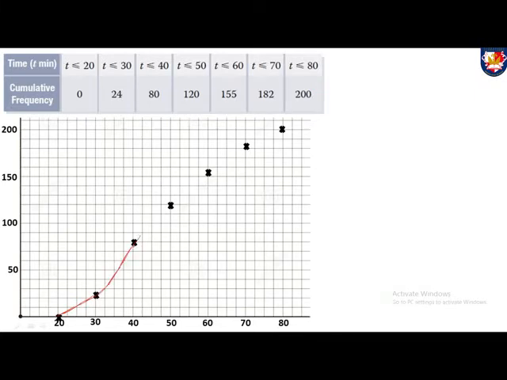Remember, don't make a straight line. At 80, don't draw any more line, just stop at 80 and 200. Okay, this is how to construct the cumulative frequency curve.